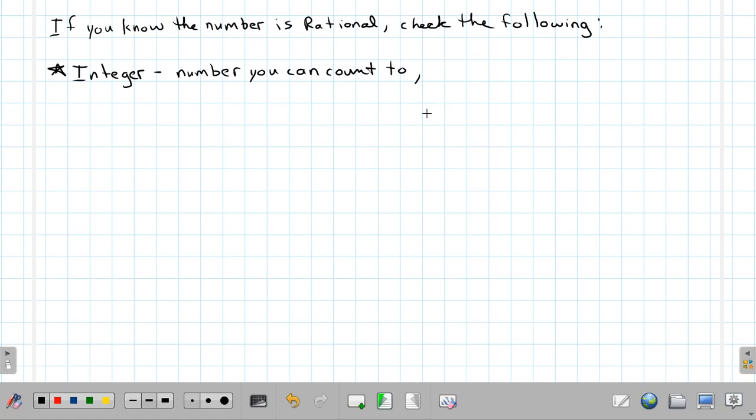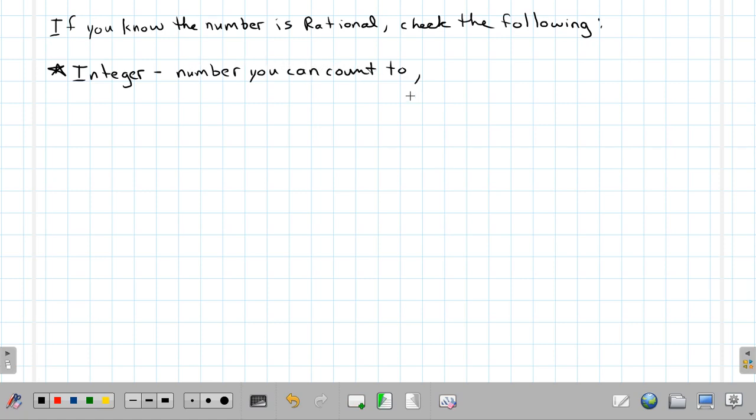Now, it'll take you a long time, but those are numbers you can count to, okay? When I say numbers you can count to, it's something you can physically count to. So 1, 2, 3, 4, 5, 6, 7, 8, 9, 10, 11, 12. Even though it'd take you a while, you can count to 1,000,000, 1,000,000,000, 1,000,000,000,000, okay? 999,999. Once again, technically you can actually count to it. It doesn't take into account how long it would take you to count to that number. But if you can possibly count to the number, that's what I'm talking about here.